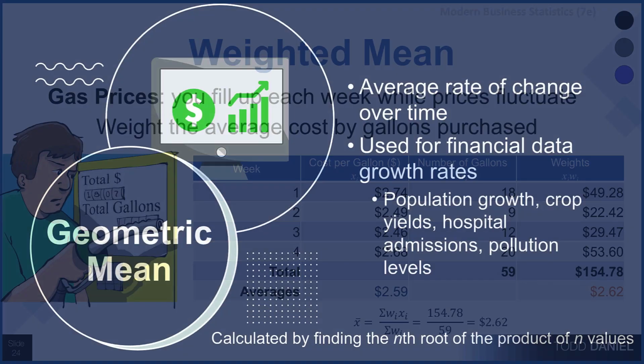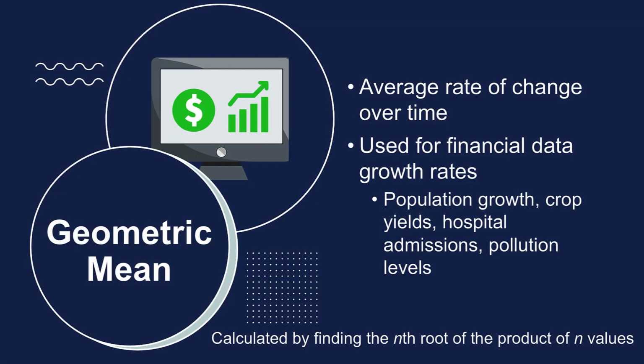A third way that we might adjust the mean would occur if we have scores that increase or decrease, fluctuate based upon characteristics within the data. This is called a geometric mean, and it's most commonly used with financial data, where your overall rate of return is going to be affected by the ups and downs of the market. I have also used this particular type of mean in a case working with a hospital when we were examining average admissions.